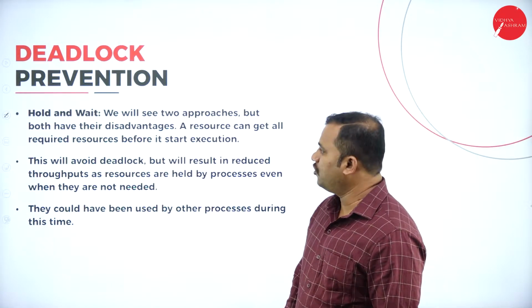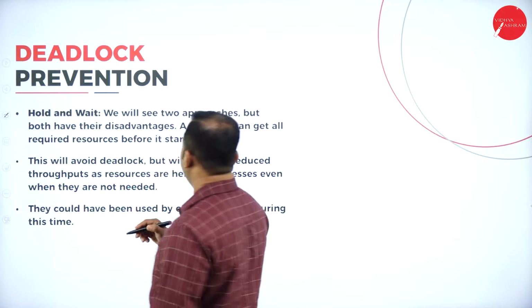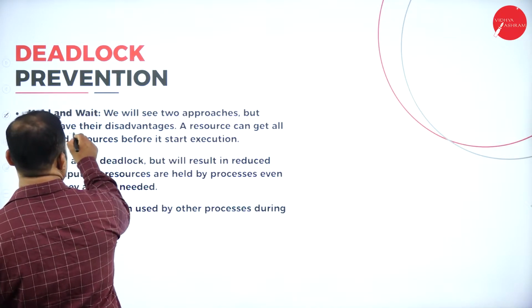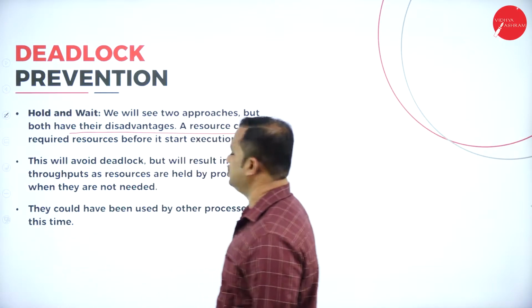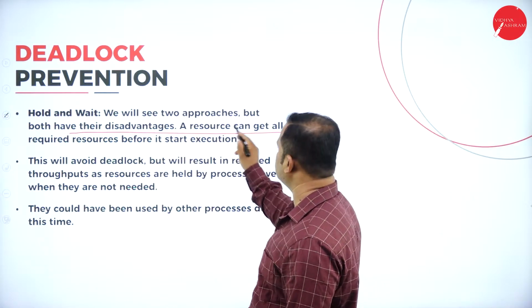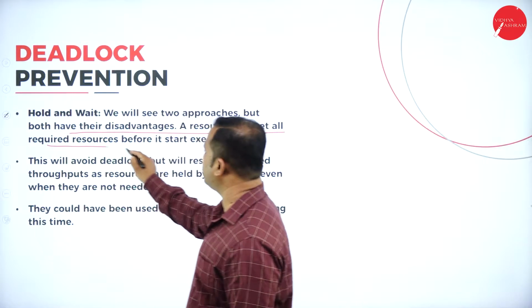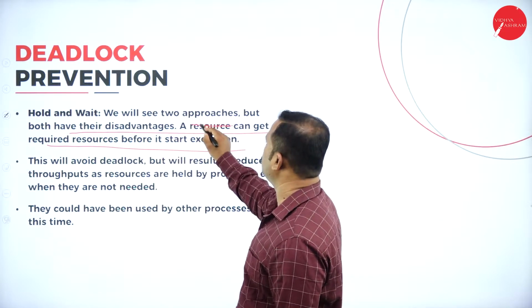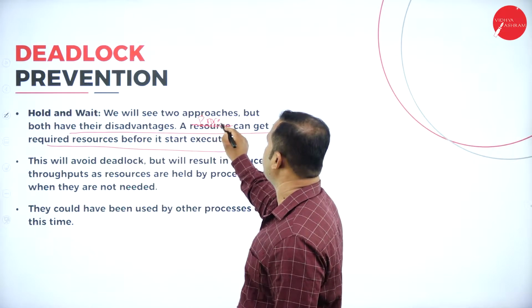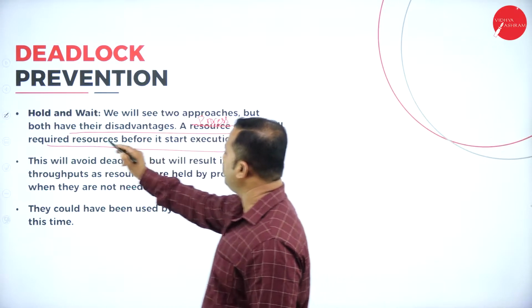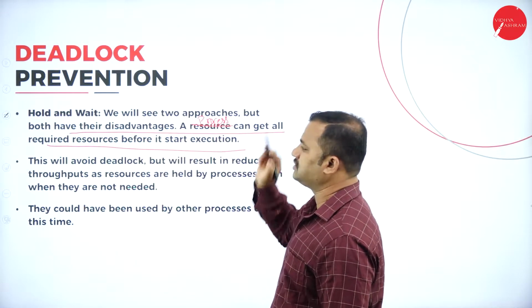What is the meaning of hold and wait? We have two approaches here, but both of them have their disadvantages. The first is that a process can get all the required resources before it starts execution.